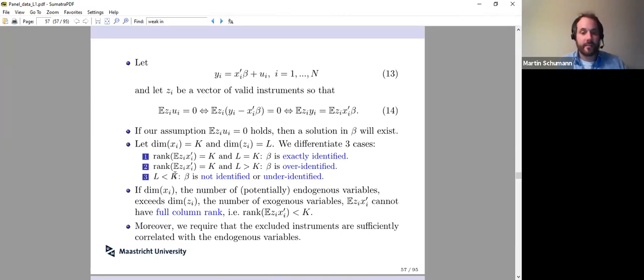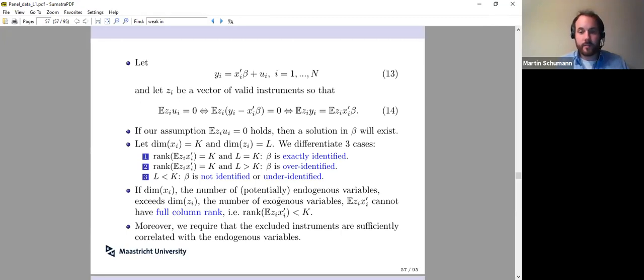And if L is less than K, meaning we have fewer exogenous variables than potentially endogenous variables, then beta is not identified, or under-identified. That's precisely what we have here. If the number of potentially endogenous variables exceeds the number of instruments, then this matrix cannot have full column rank. So the rank of this thing will be smaller than K.